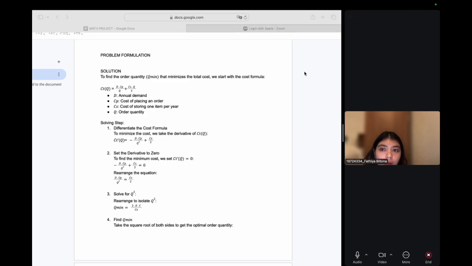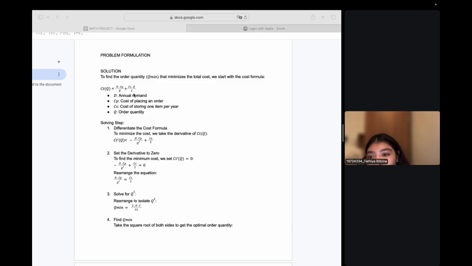Okay, so this is the solution that I will explain to you, how to solve the problem of minimizing inventory costs by finding the optimal order quantity, called Q min here. The first step is that the total cost of inventory is made up of two parts: the ordering cost and the storage cost.